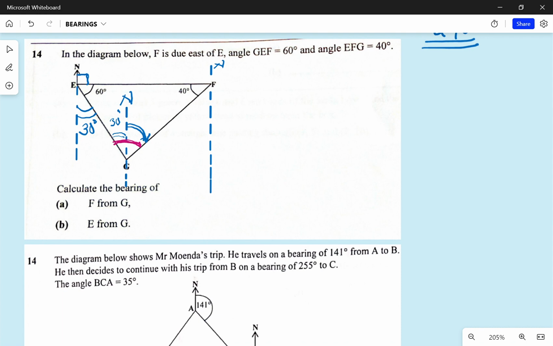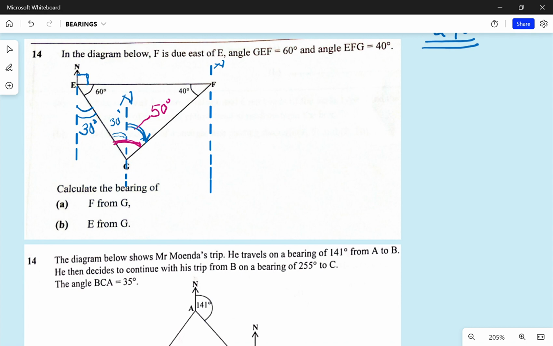Now we've discovered that this is 30. So to get the remaining bearing here, which we are looking for, we say 80 less 30. We're going to have 50 degrees there.